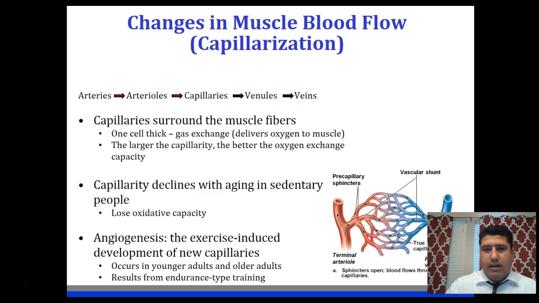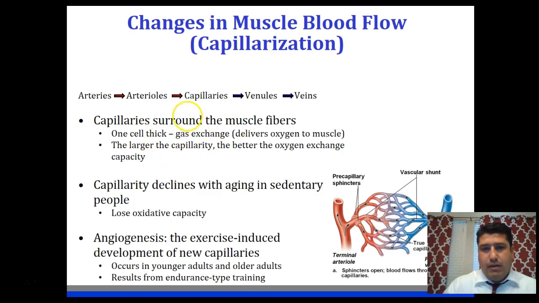The oxygenated blood goes into the muscle, and at the capillaries the oxygen is released from the cardiovascular system into the cells. The cells use it to produce energy, and then produce carbon dioxide as a byproduct of that energy production. That carbon dioxide then leaves the cell and enters the capillaries.